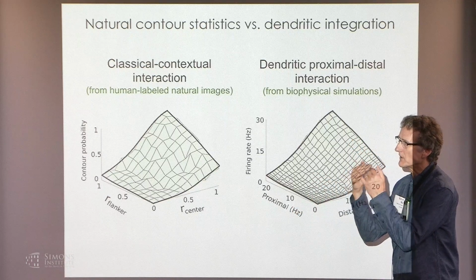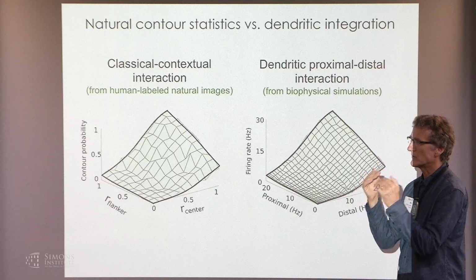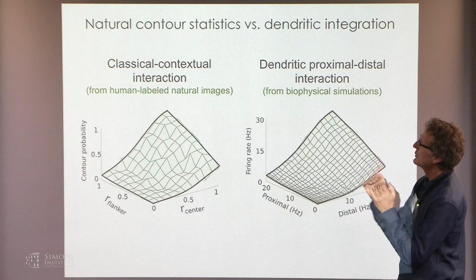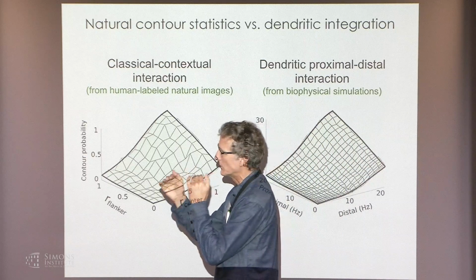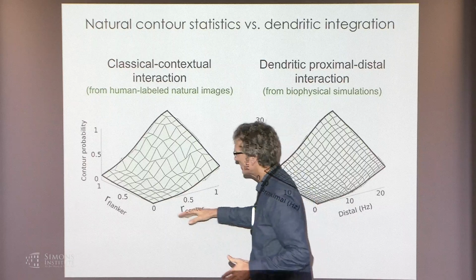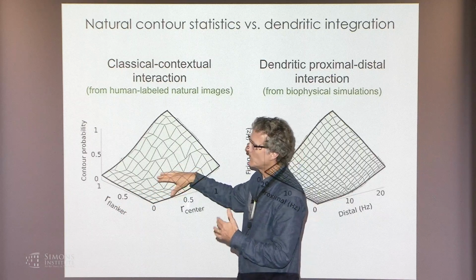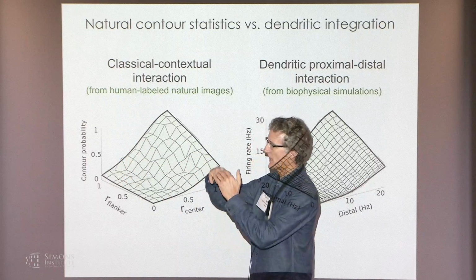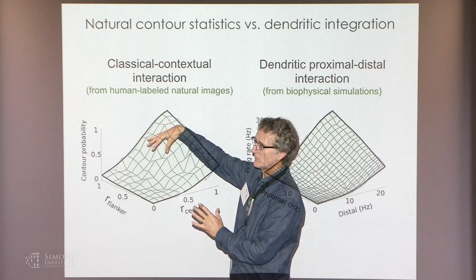We measured a nonlinear interaction between different places in natural images, in the context of contour detection. We collected natural images, we labeled contours, we looked at interactions between center and flanker inputs, and we found that the interaction between them, in order to compute contour probability in natural images, something a neuron needs to do to detect contours, is a two-dimensional sigmoidal function.